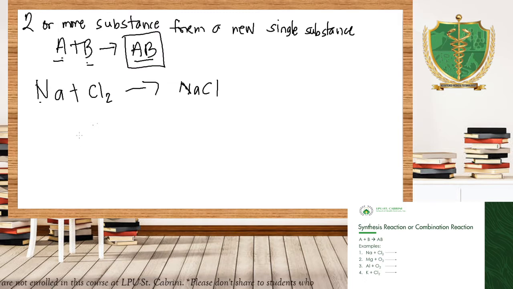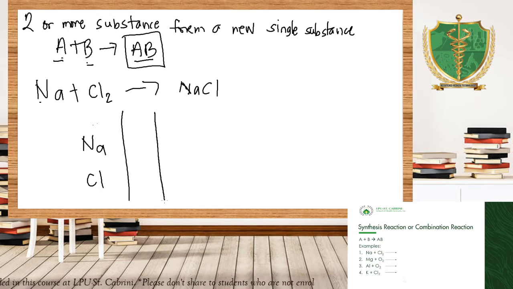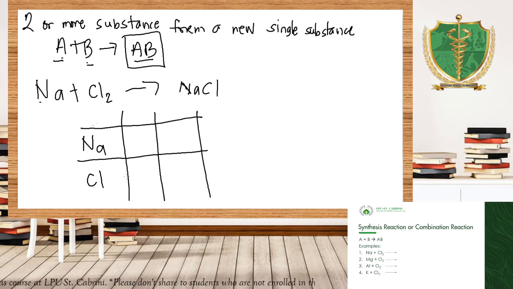So in this case, we have sodium and we have chlorine. Let's make a table. The question is, how many sodium do we have in the reactant?